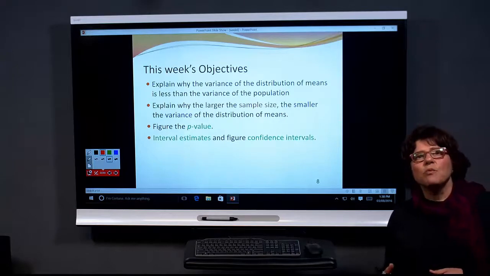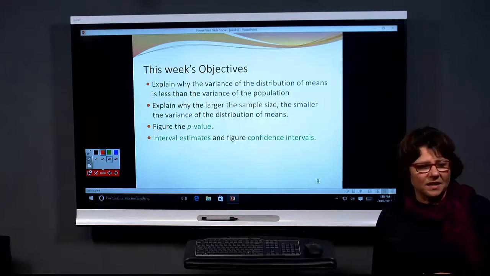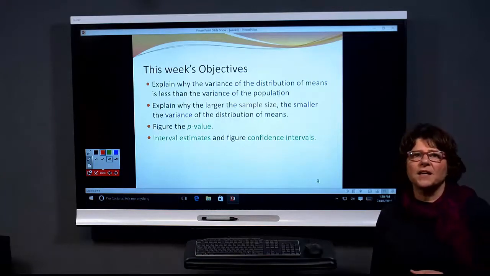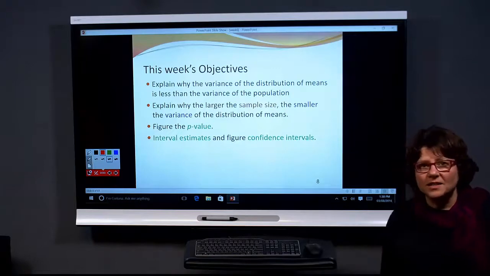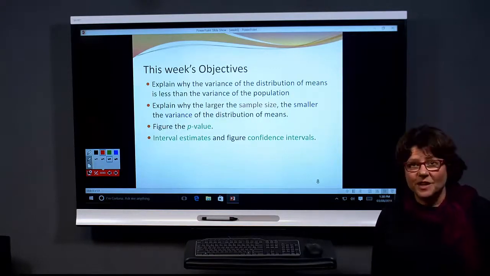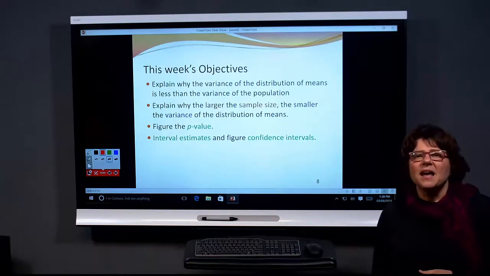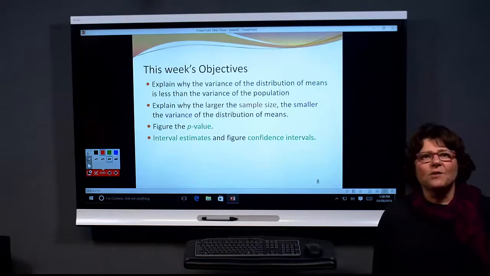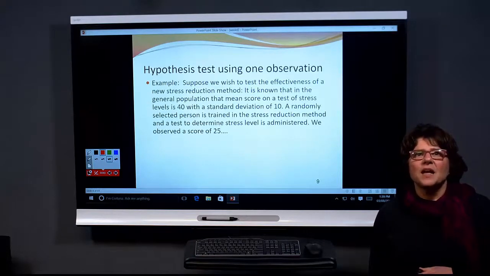And we explain why the variance of the distribution of means is less than the variance of the population. And then explain why the larger the sample size, the smaller the variance of the distribution of means. These are all very important concepts. Then we figure the p-value and we talk about confidence intervals.